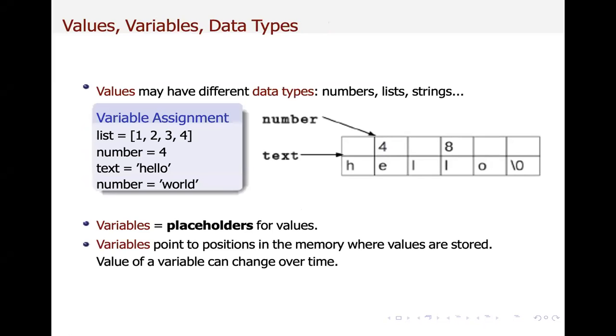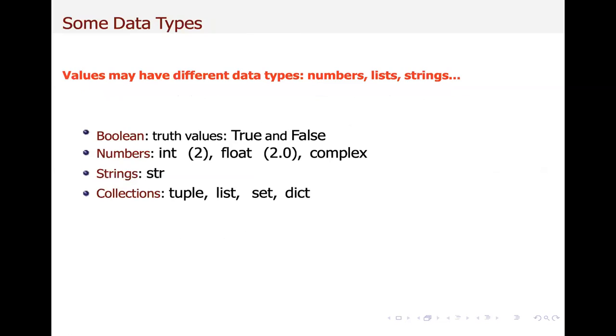So variables are like placeholders for values, and they point to the positions in the memory of the computer where values are stored, and you can change the value of a variable over time. And values have different data types: lists, strings, numbers. We're going to see all these data types. But for now, variables are placeholders, so they point to the values.